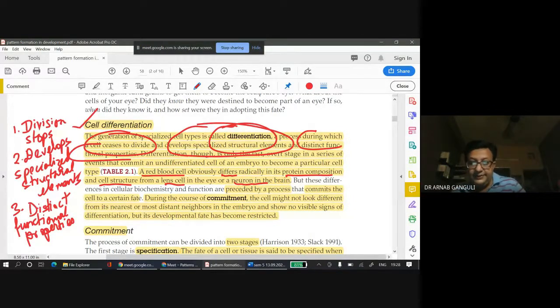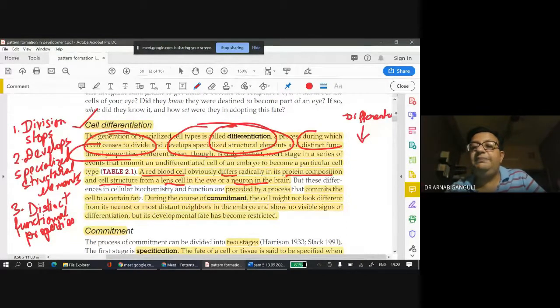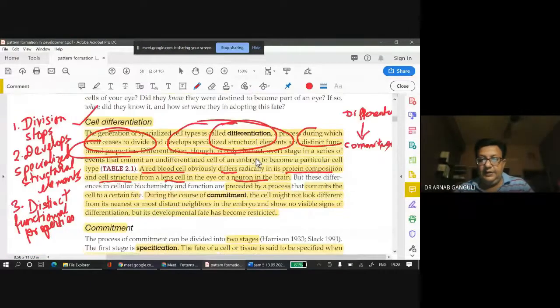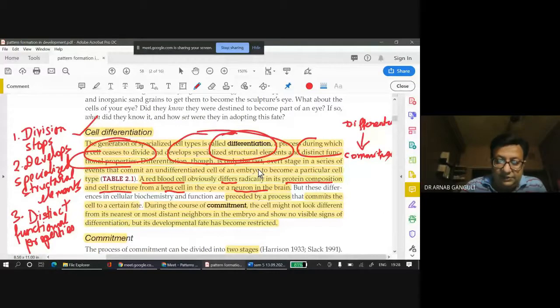But before differentiation, there is a step known as commitment. Before differentiation comes the step of commitment. That is, the cell commits to a certain fate.